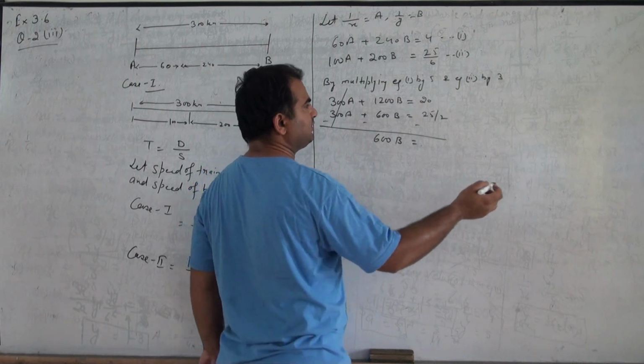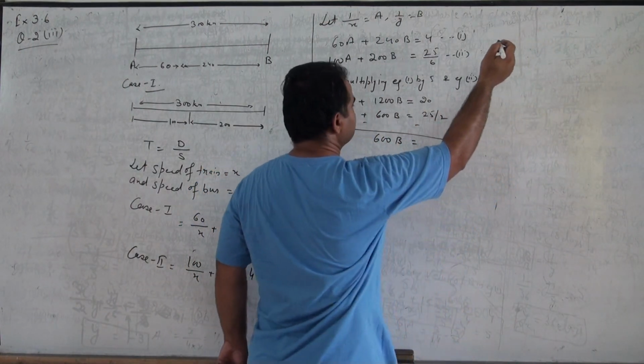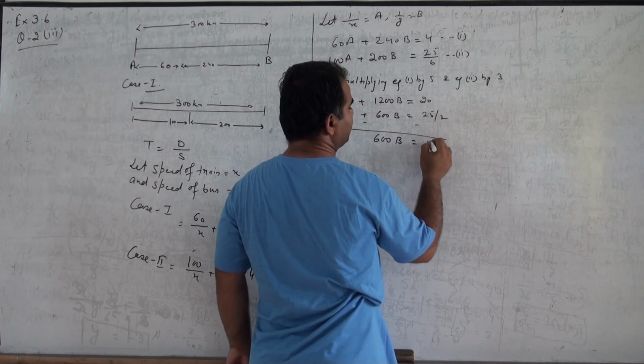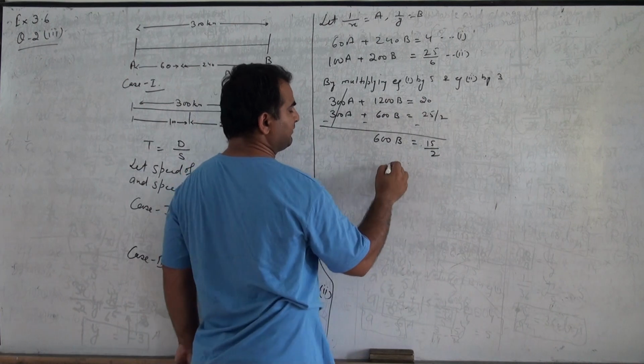So 20 minus 25 by 2 is 15 by 2. Done? You have to find the value of b.